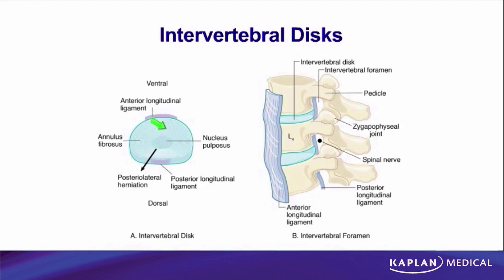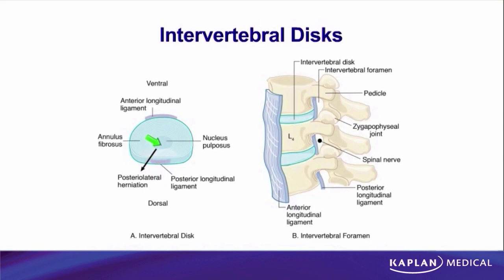Which means that if the nucleus pulposus is going to herniate through the annulus fibrosus, it's much more likely to herniate through the posterior part of the annulus than the anterior, because it's thinner here. So we would expect that the nucleus pulposus herniation would be a posteriorward herniation, and that's just about always the case. Almost always.